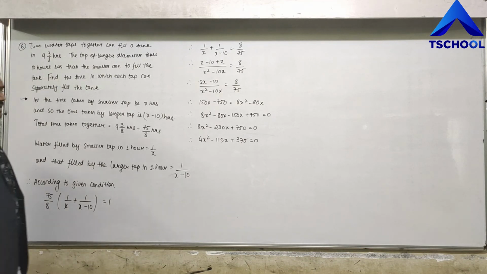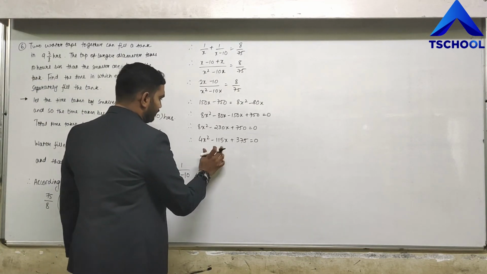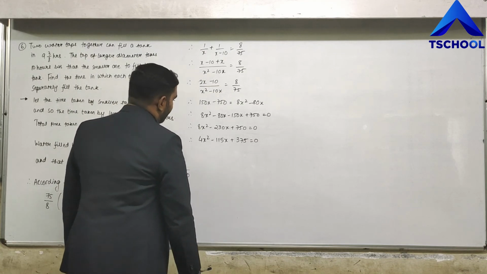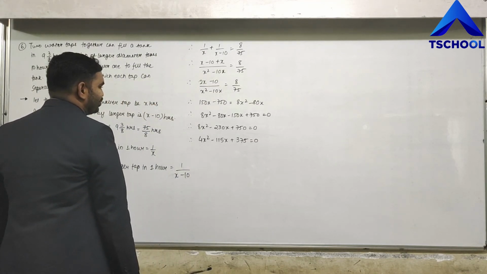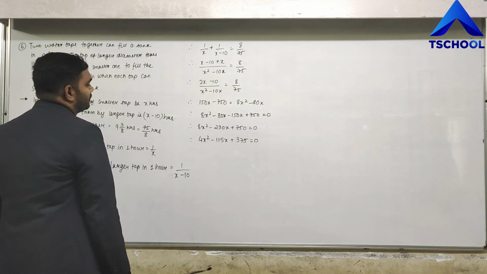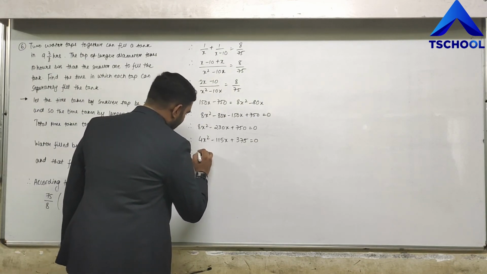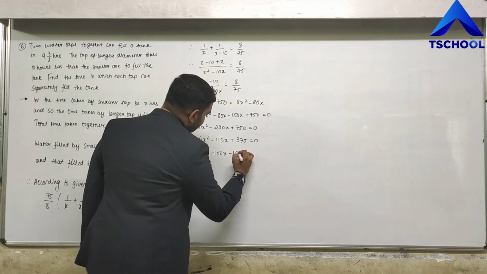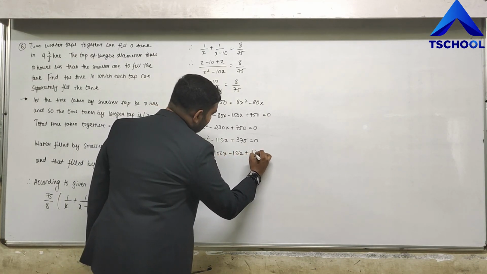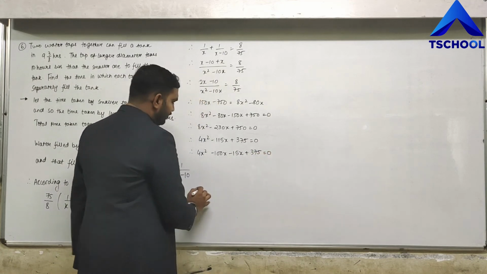I think that is 115, right? Therefore, that is 4x square minus 100x minus 15x plus 375 equal to 0.